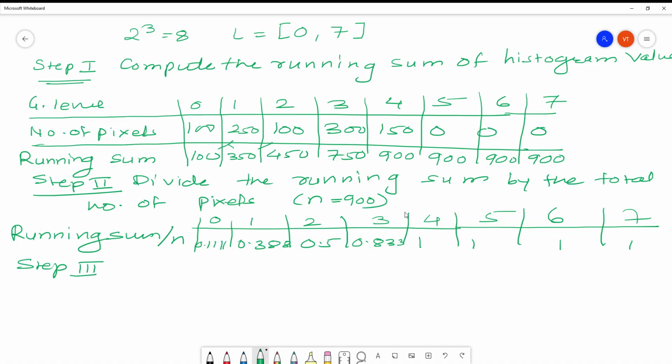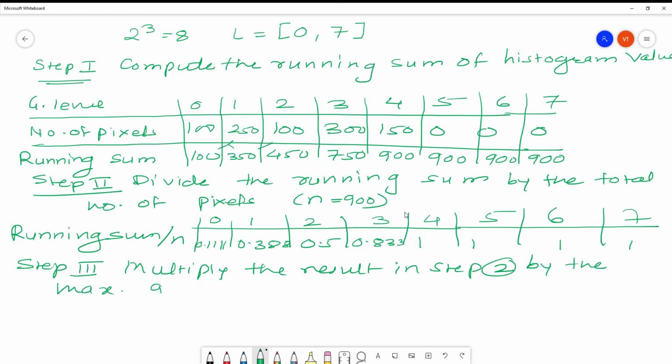We are going to multiply the result in step 2 by the maximum gray level value, which is 7 in this case.